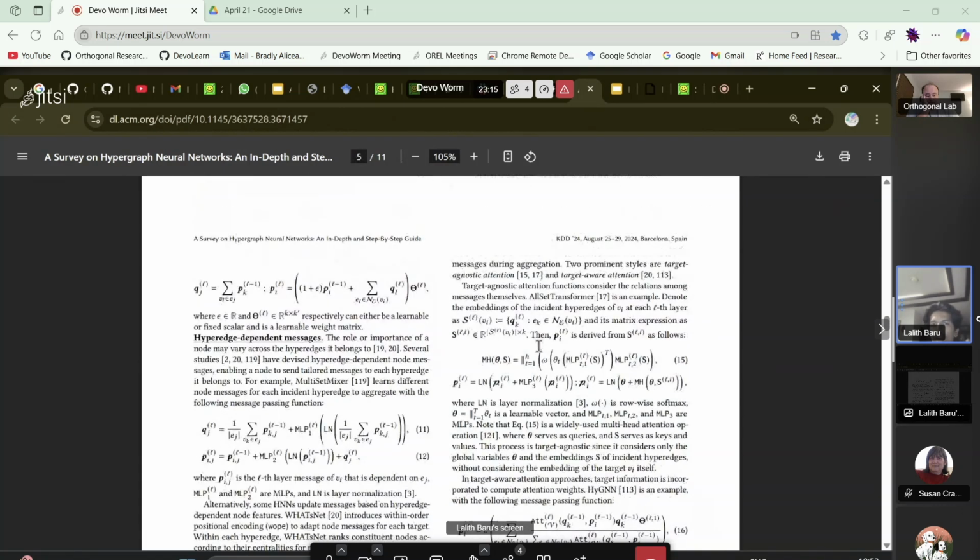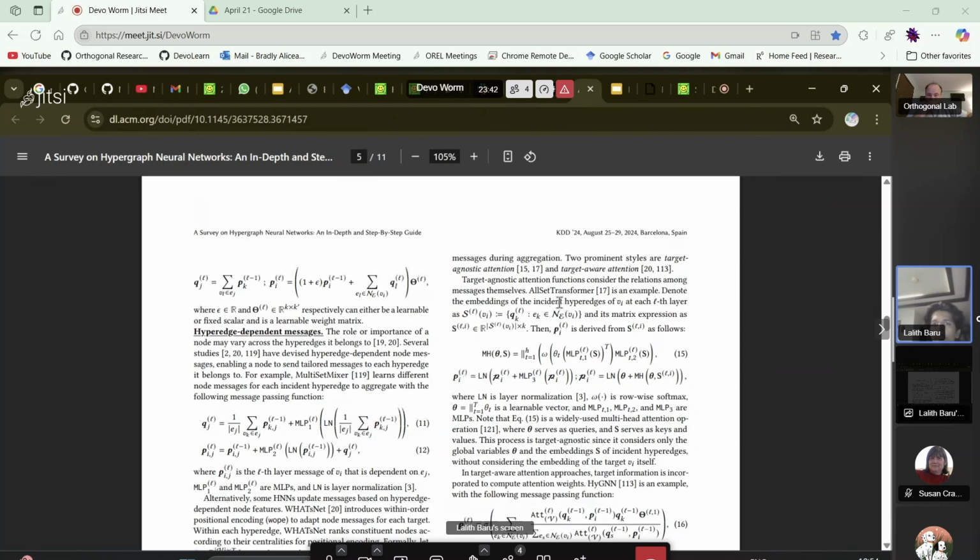For that, we apply this attention so that only the targets get a more significant weighted proportion. This target aware attention gives more weight or significance to the hyperedges or the hypernodes that we want.